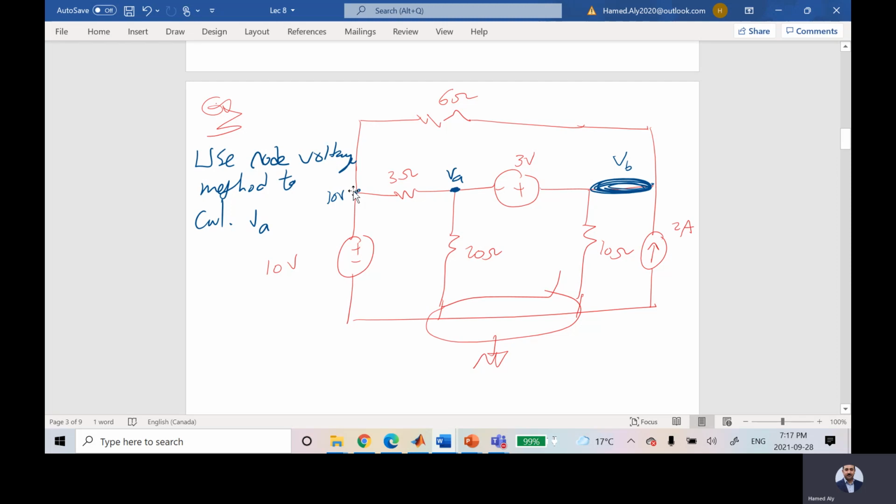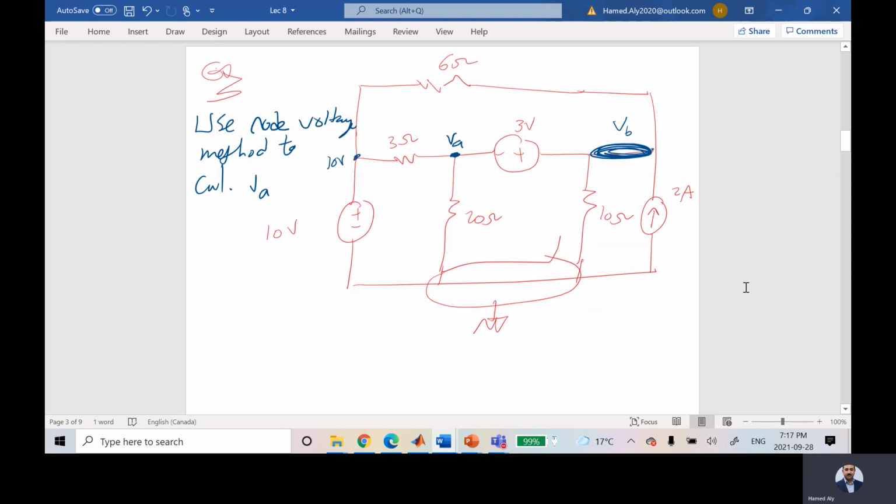So I will not start writing my equations by saying summation I here is equal to 0, but I will start from here. Summation I for this guy is equal to 0. So summation I is equal to 0 for node 1, or node A actually. This guy is leaving.